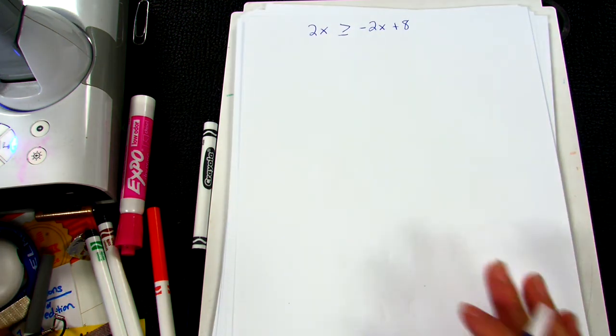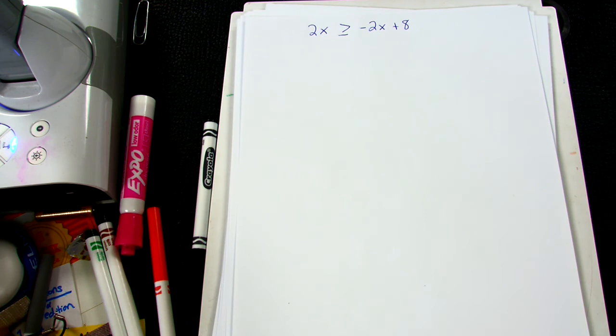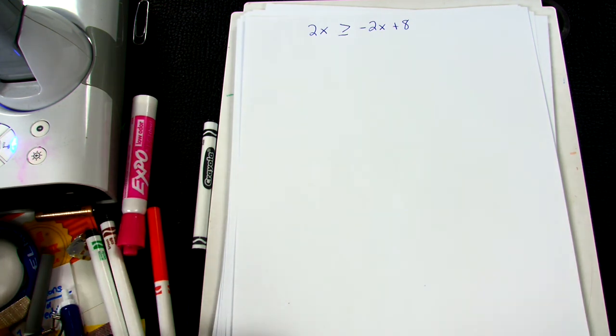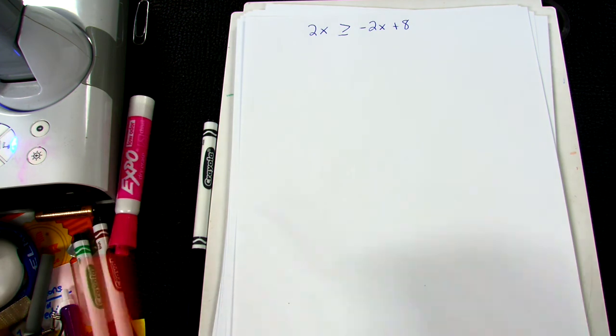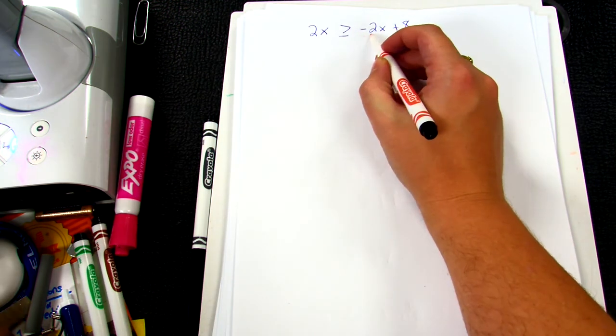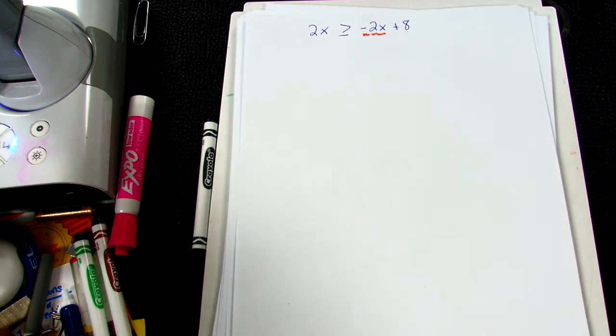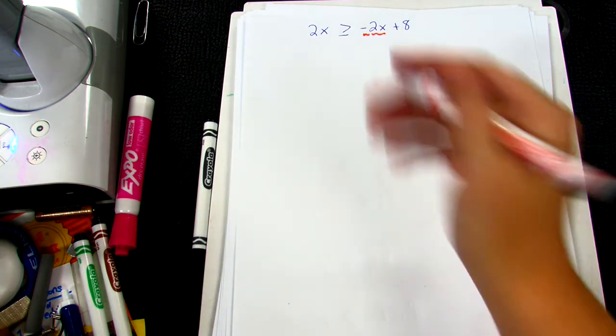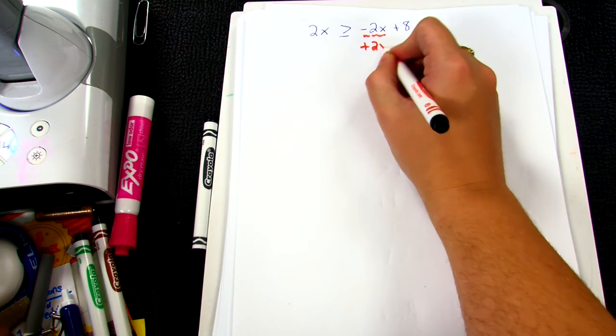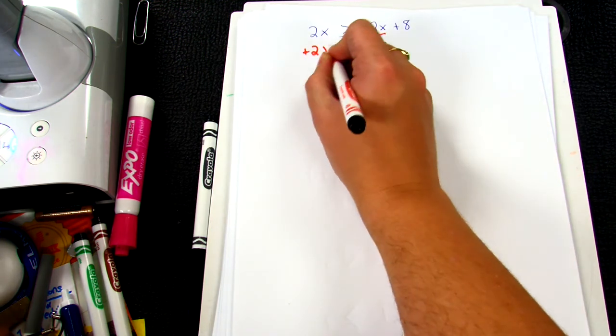Okay? My advice to you is always put your variables on the left-hand side when you are dealing with inequalities. So I want all my variables on the left, and I have a variable on the right. So I need to no longer see that minus 2x. So I'm going to do the inverse of minus 2x, or negative 2x. I'm going to add 2x to both sides.